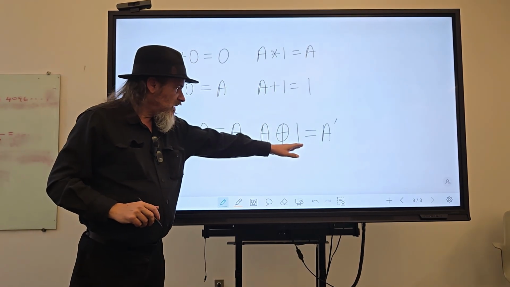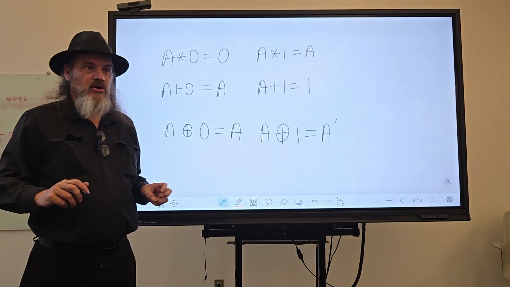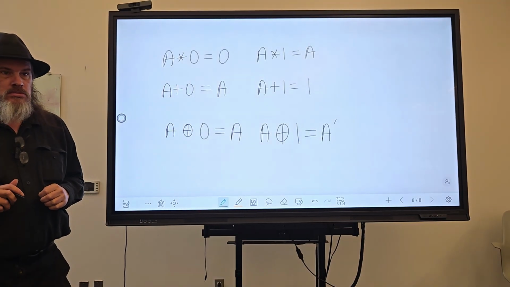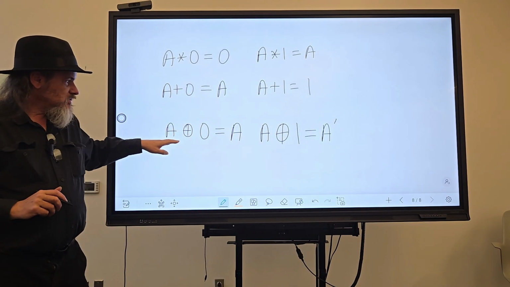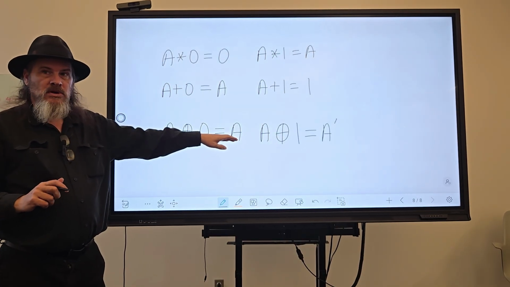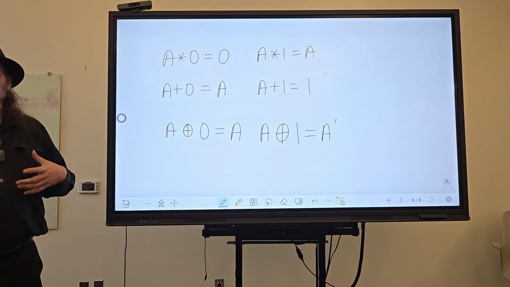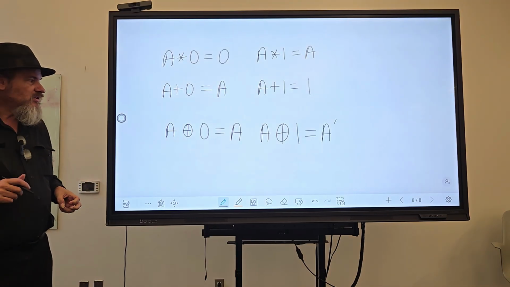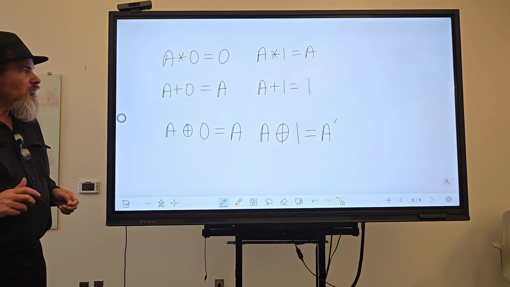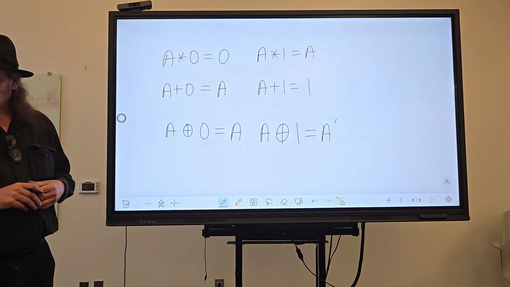When one input is 1, it inverts the other input. If it's 0, it doesn't invert it. This has handy applications in a variety of instances that we will get into a little bit later.